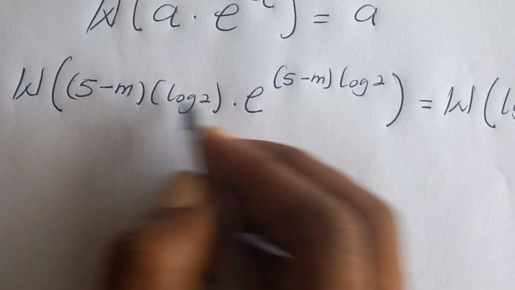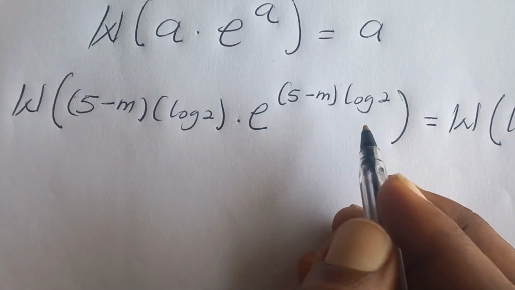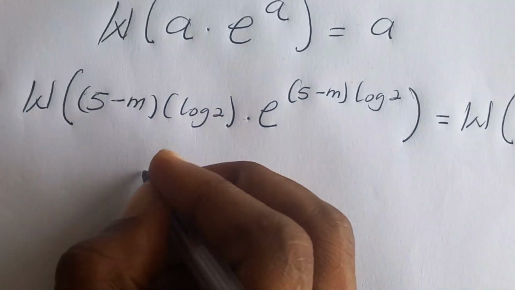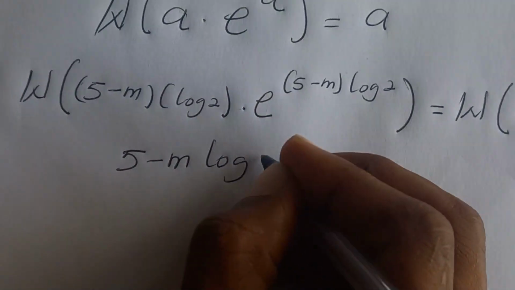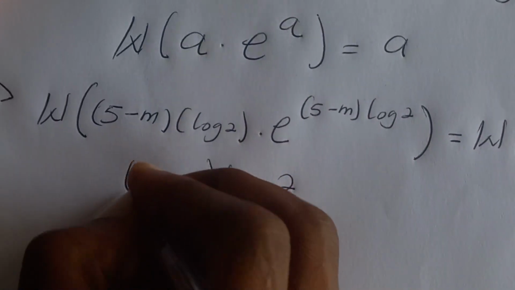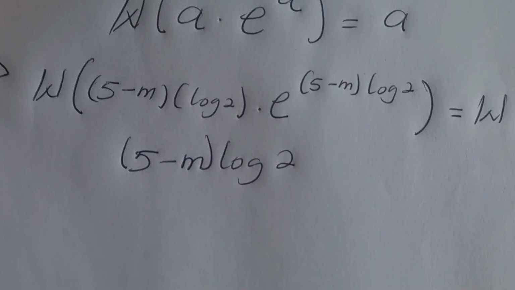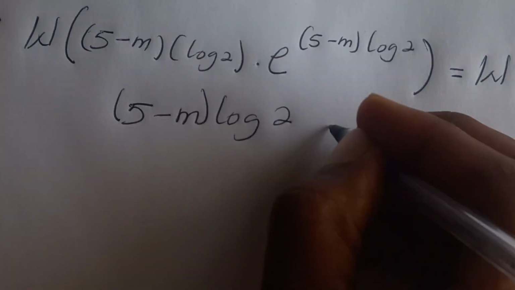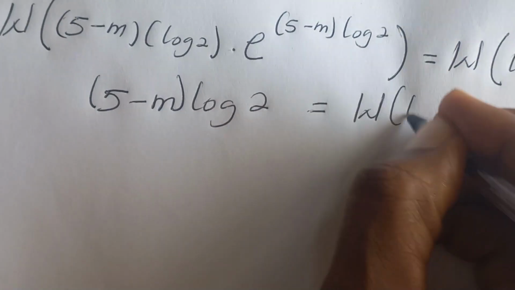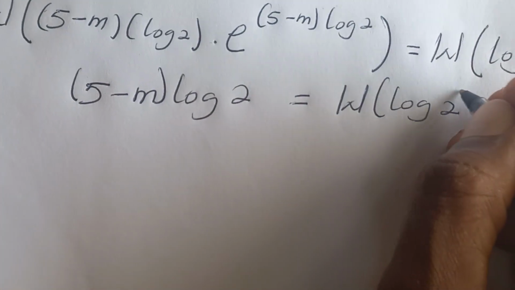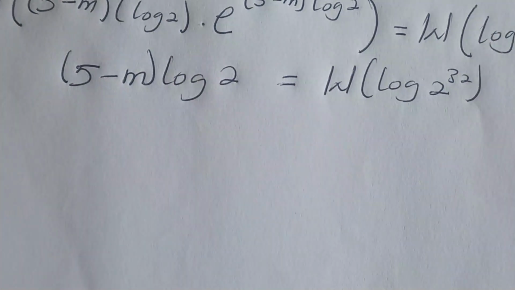So with the left hand side, our answer is going to be 5 minus m log 2. And it's equal to W of log 2 exponent 32, like this.